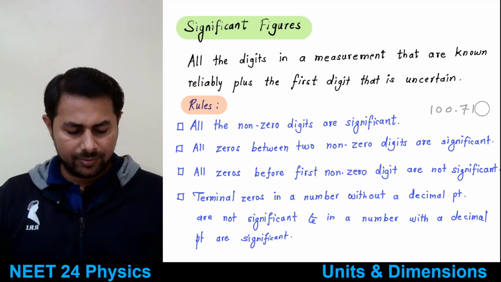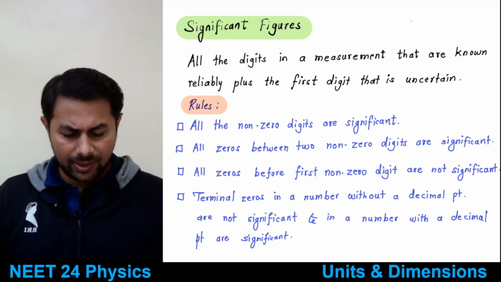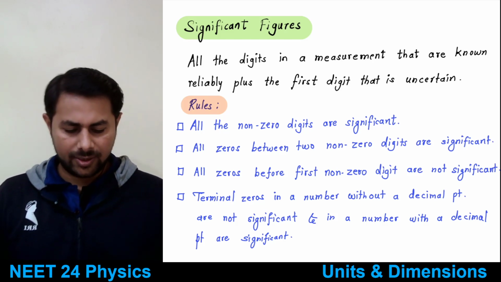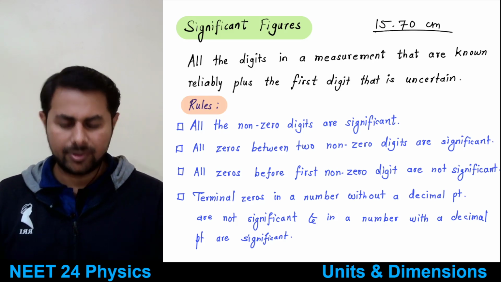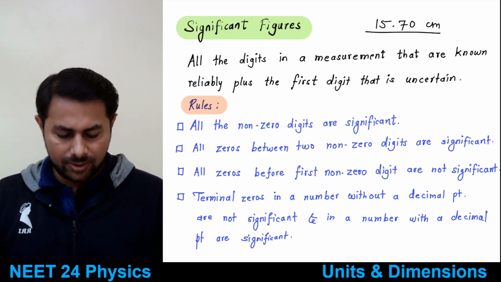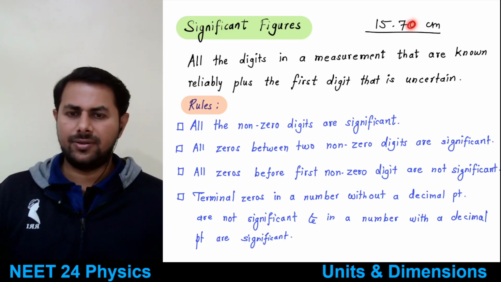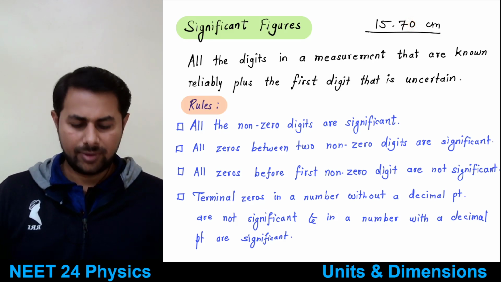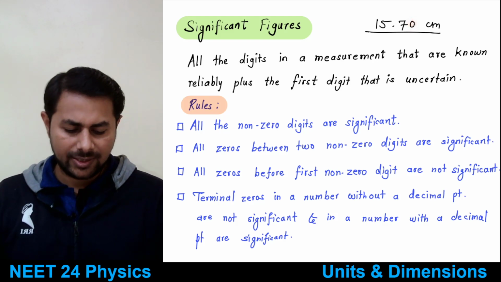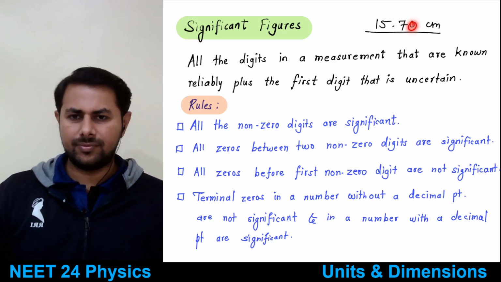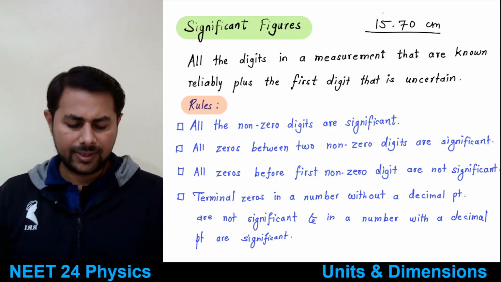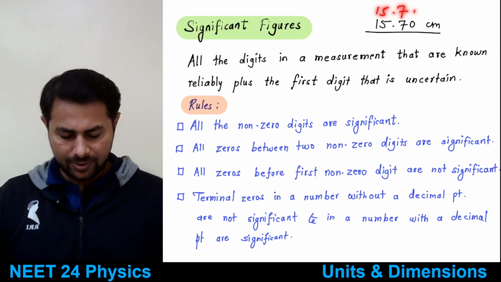For example, I say that the length of this pen again is 15.70 centimeters, right? So this 0 is significant. Why is it significant? What does it tell you? Why can't I say 15.7 only?